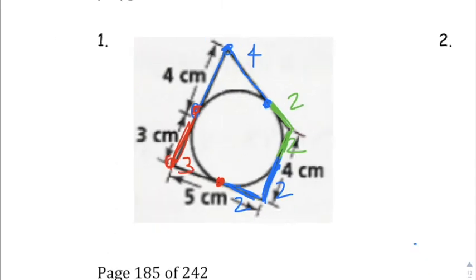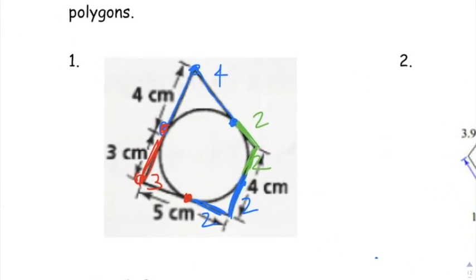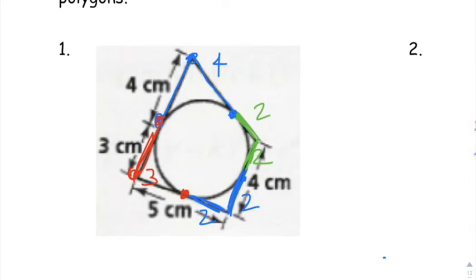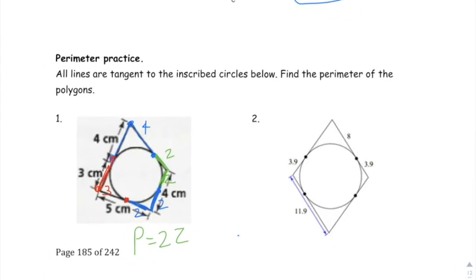Alright, and then they're asking to find the perimeter of the shape. However you want to type it in, it doesn't really matter. And when I got that, I got the perimeter was 22. Yep, so that's it on that one.